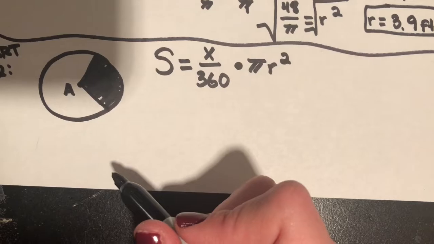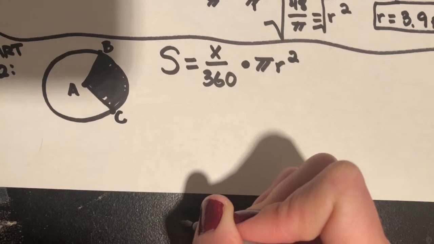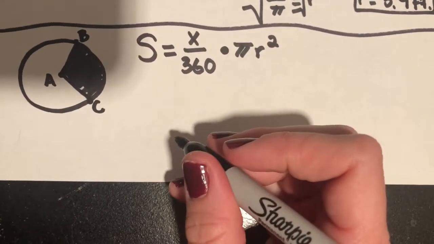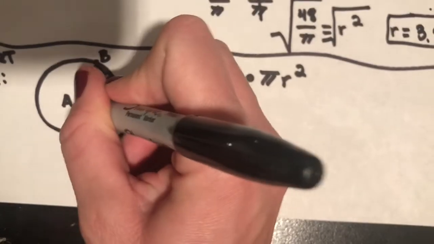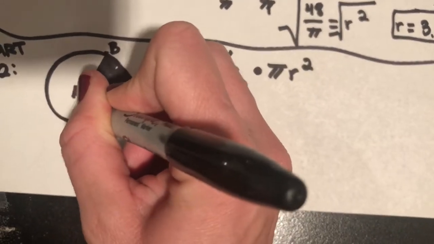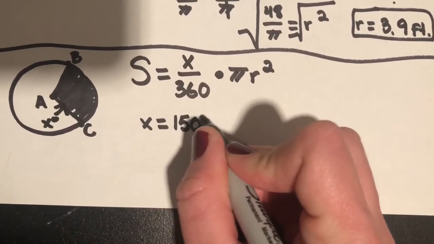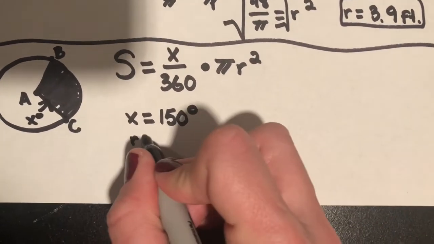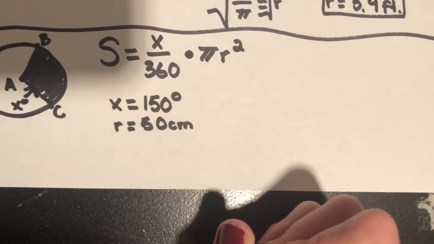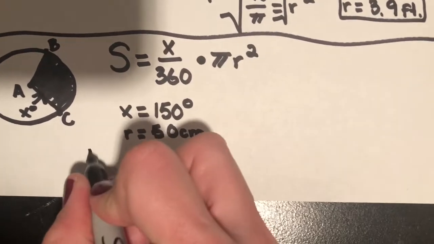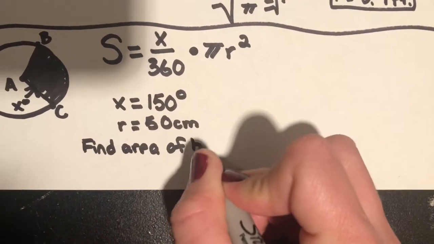Let's say that we have, this is B right here, and this is C. So we have this circle, and I'm going to give you that x degrees is going to be equal to 150 degrees. We have a radius of 50 centimeters.